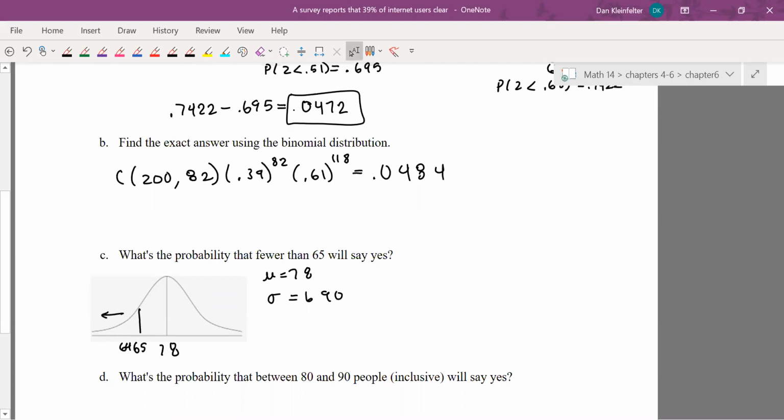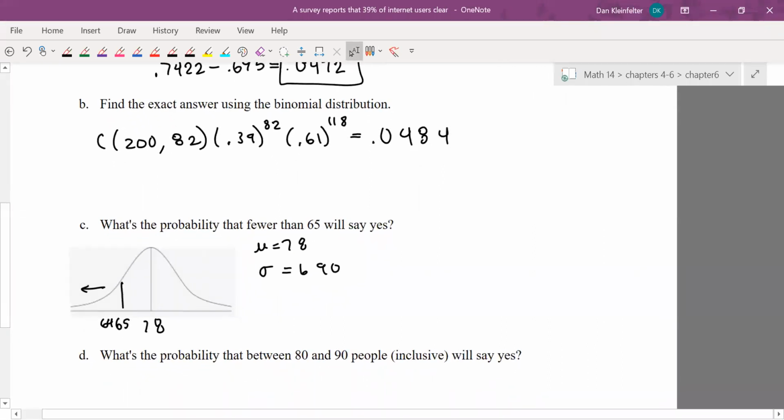You have to think about what would be rounded to 64 or what wouldn't be rounded up to 65. That would be anything that is less than 64.5. Anything higher than 64.5 would get rounded up to 65. We want fewer than 65, and 65 isn't fewer than 65, so we have to make sure we stay lower than 65. 64.5 is where we need to be. So that's what we want.